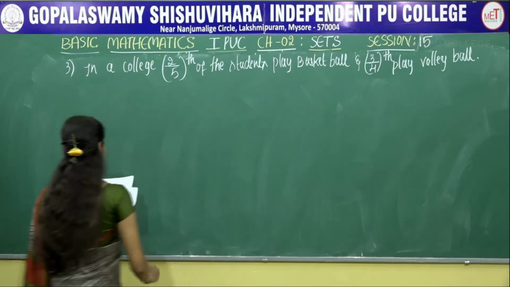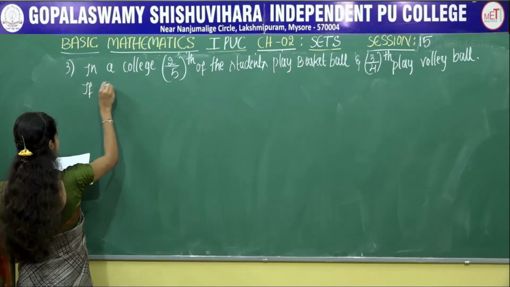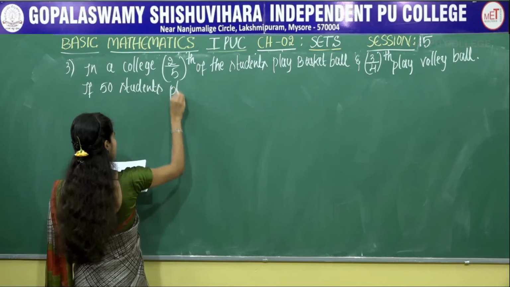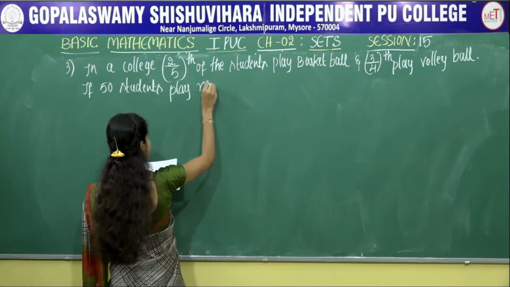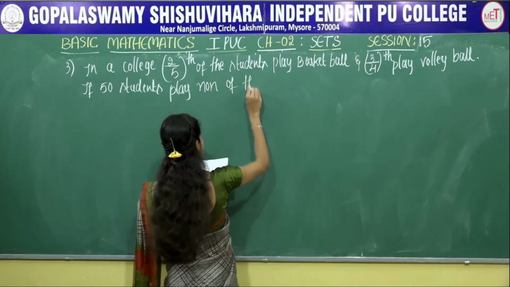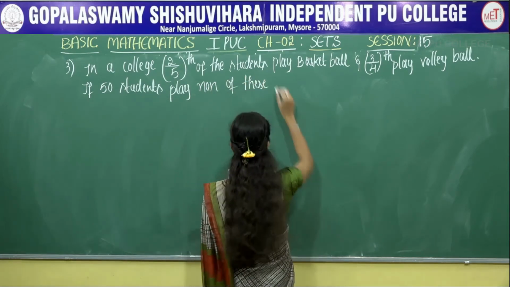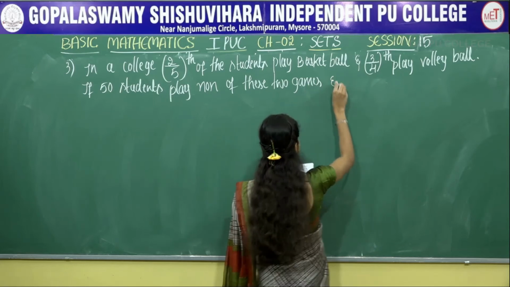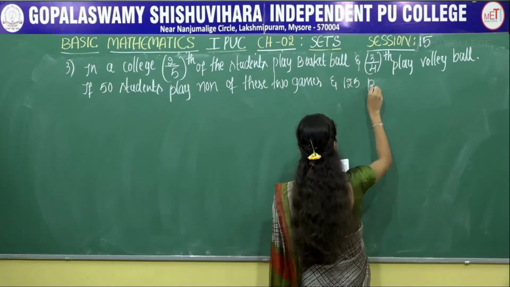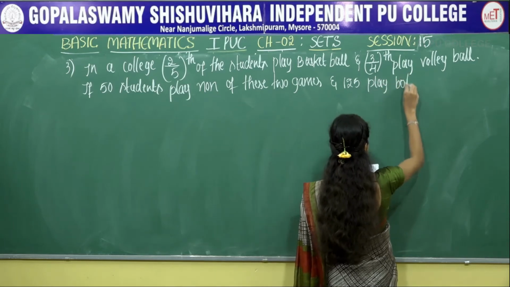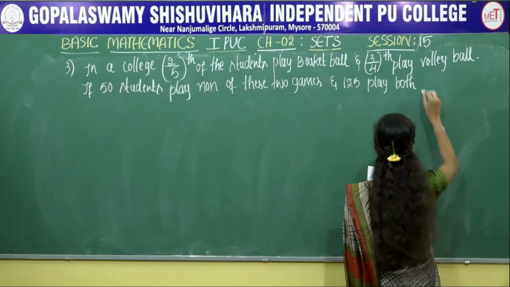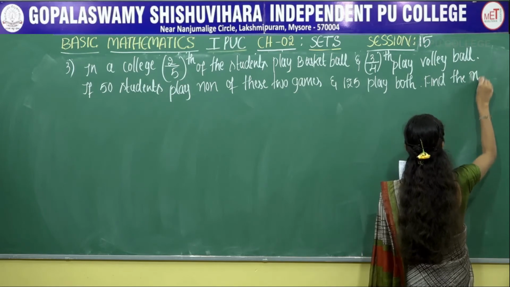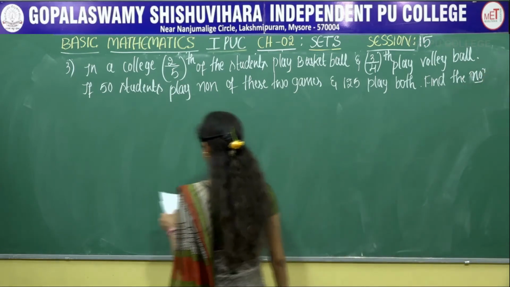If 50 students play none of these two games, and 125 play both, find the number of students in the college.